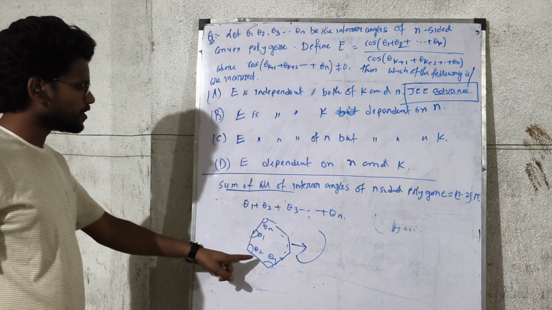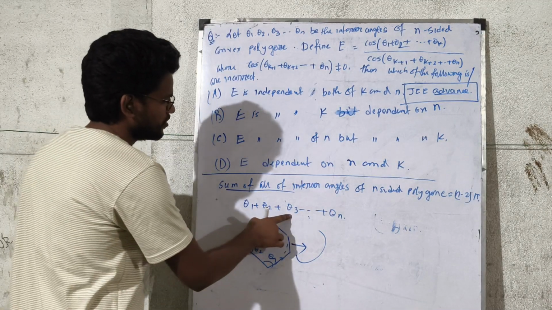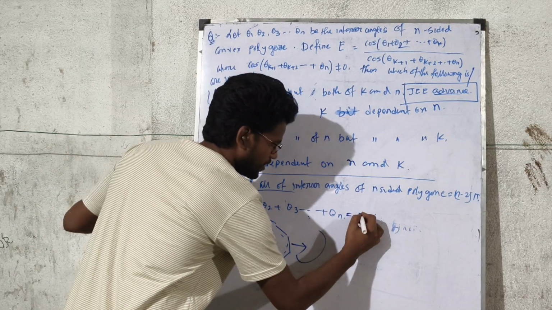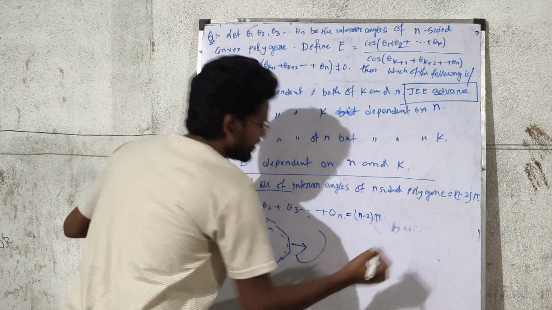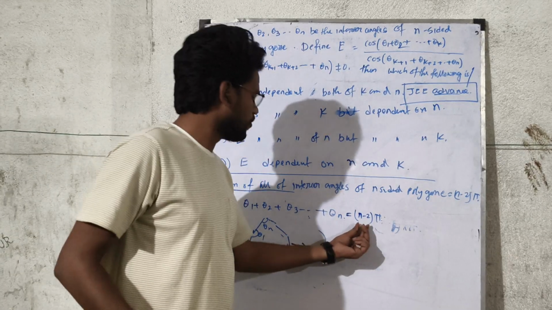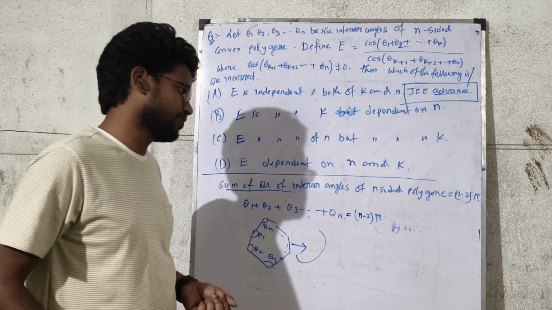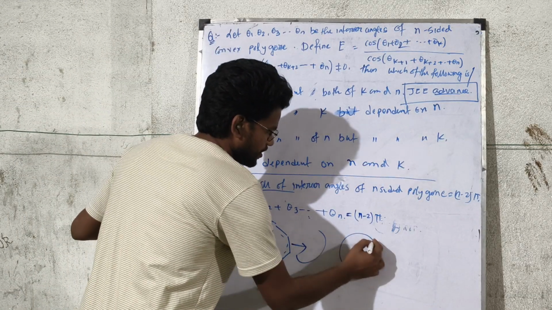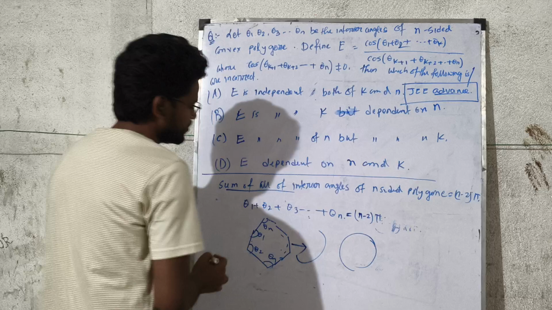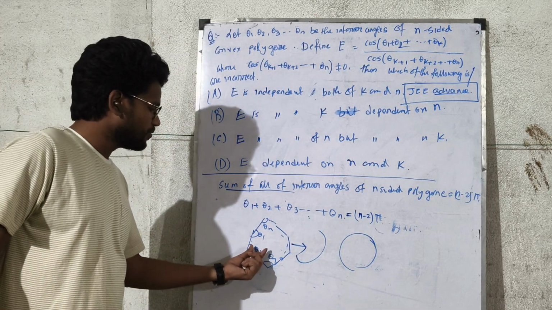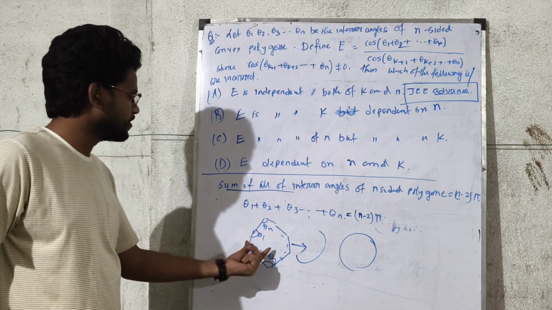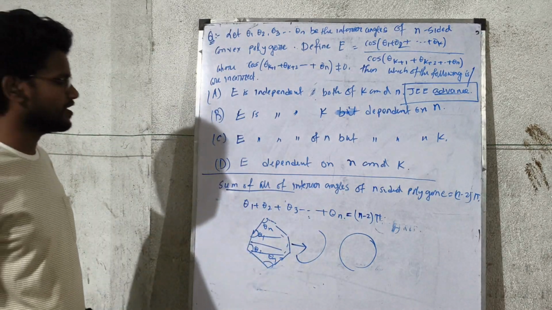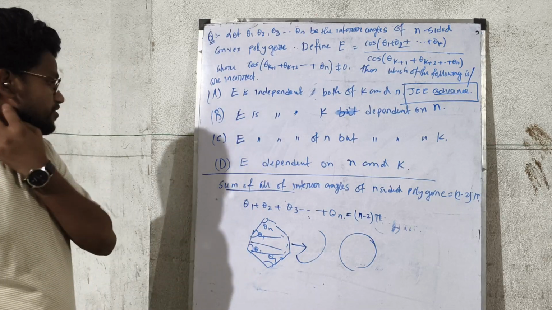The sum of all interior angles is n minus 2 into pi. It is a convex polygon, which means that if we take any two points in its interior and join them, the line segment is contained in the region of the polygon.